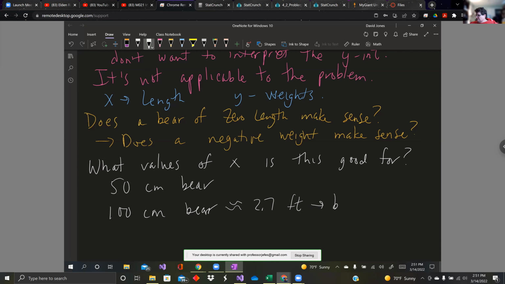It sounds like a bear cub, right? The bear cubs can't be that big. What does the line predict for bears of 100 centimeters?